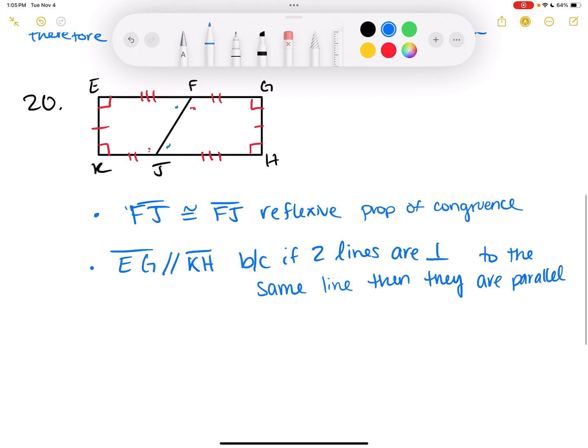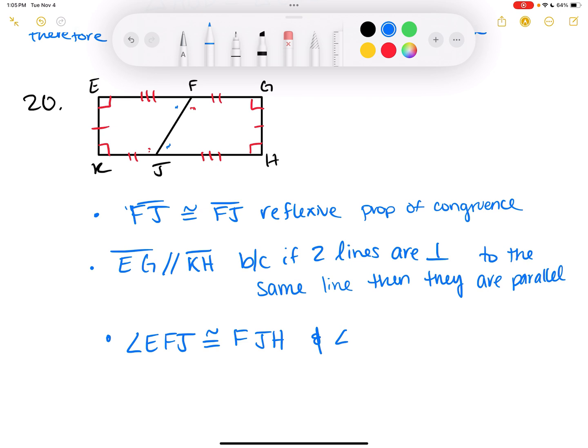Yep. So I'm going to say angle EFJ is congruent to angle, it doesn't matter which order I do them in, FJH. And then I'm going to do the other ones.